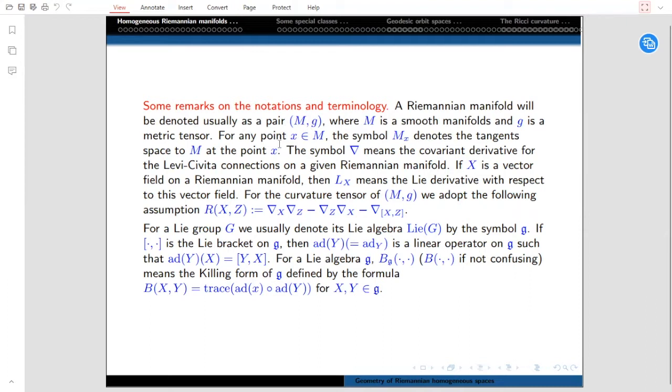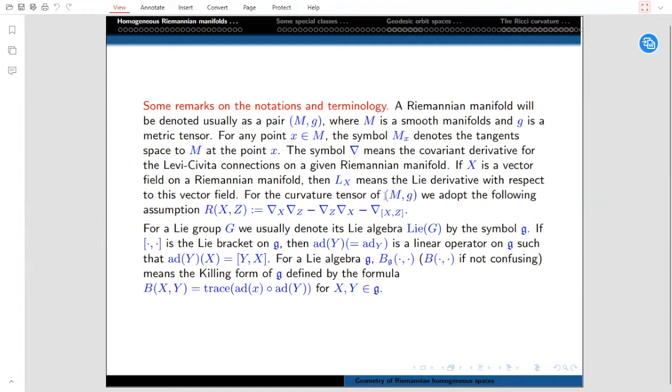Then for any point x of M, the symbol T_xM denotes the tangent space to M at the point x, more or less usual notation. The symbol nabla means the covariant derivative for the Levi-Civita connection on a given Riemannian manifold. Next, if X is a vector field on a Riemannian manifold, then L_X means the Lie derivative with respect to this vector field.